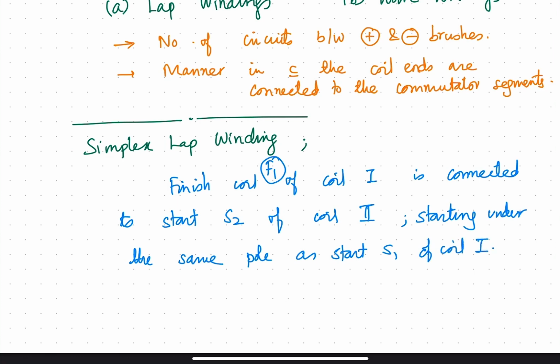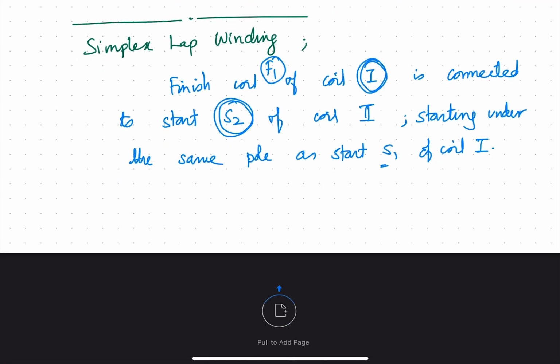I'll repeat this. The finish F1 of coil number 1 is connected to the start S2 of coil 2, starting under the same pole as the start S1 of coil 1. This will be more clear in the figure that we will see right now.